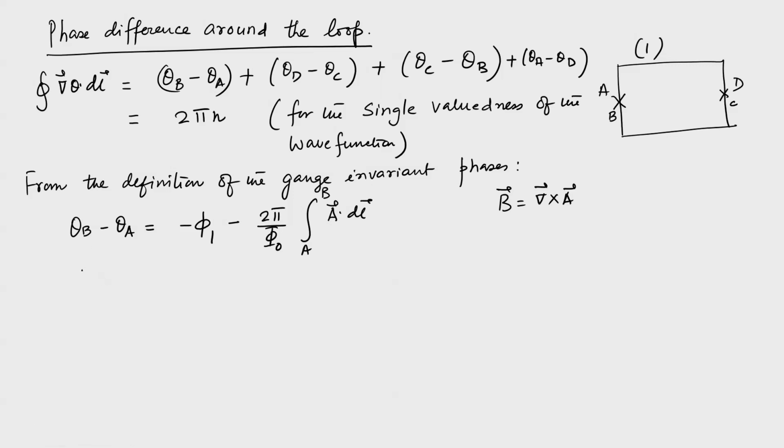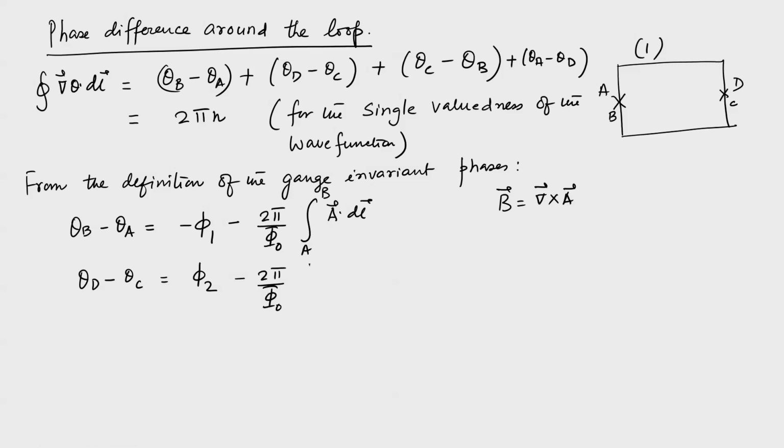So that is across the junction, and across the other junction, theta d minus theta c is equal to phi 2 minus 2 pi over phi 0 times the integral from c to d of A dot dl. Remember, the small phi 1 and phi 2 are the phases of the condensate wave function, while the phi 0 written here denotes the flux quantum.